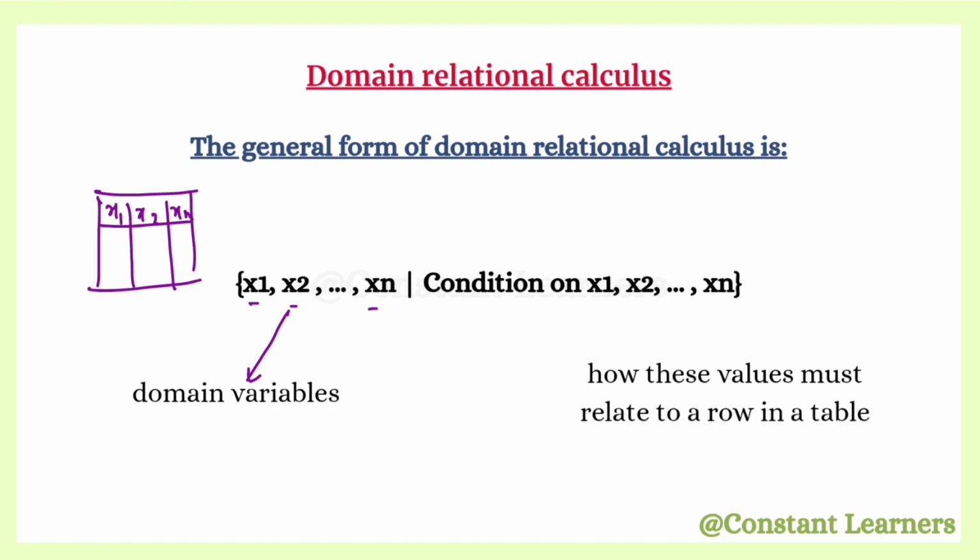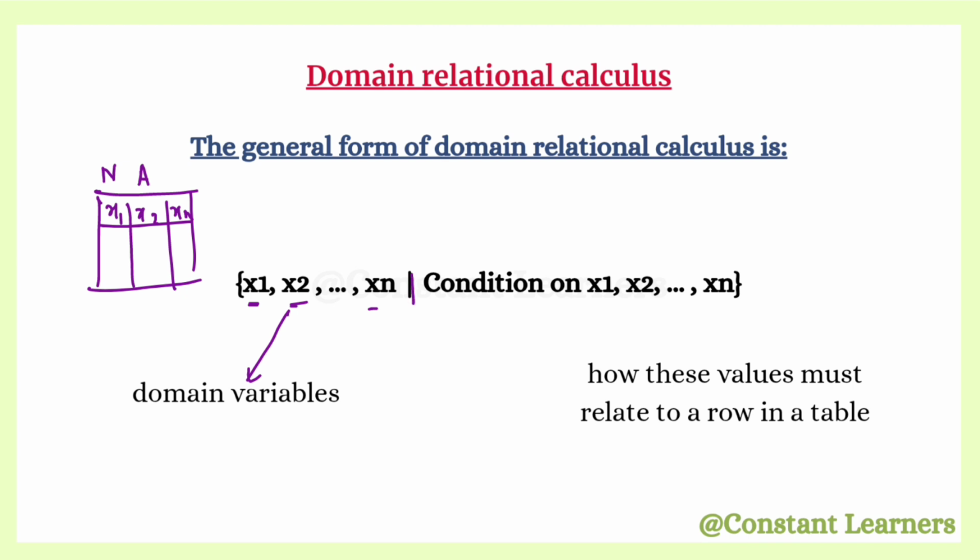Let's say if there's a table students and I want to display the name and age column, right? So I'm going to write x1 for name, x2 for age. So these domain variables are nothing but the columns that we want to display in the output, right?